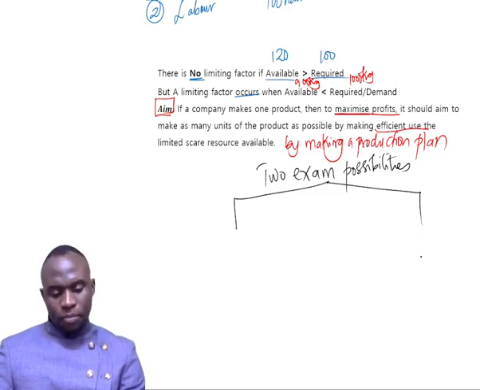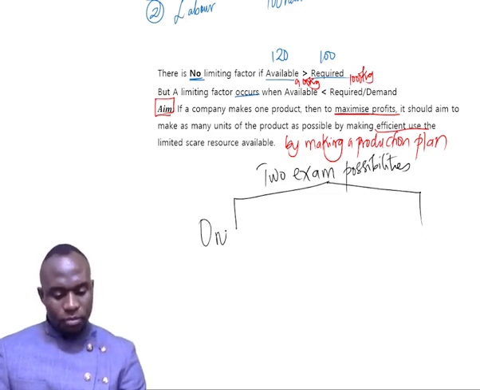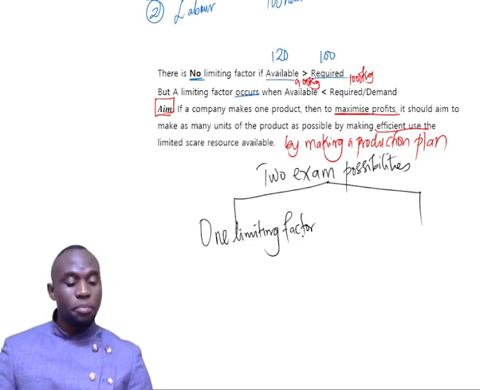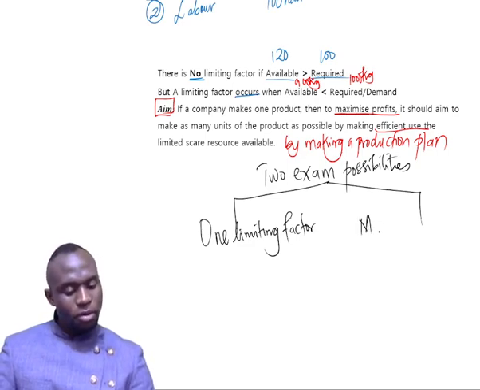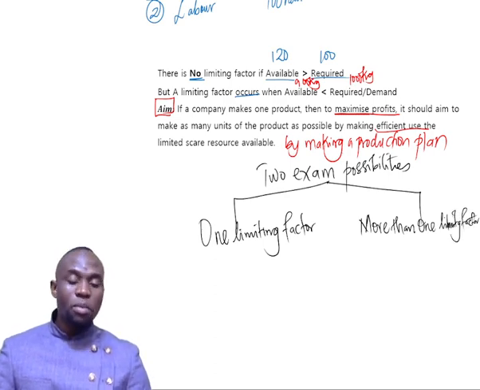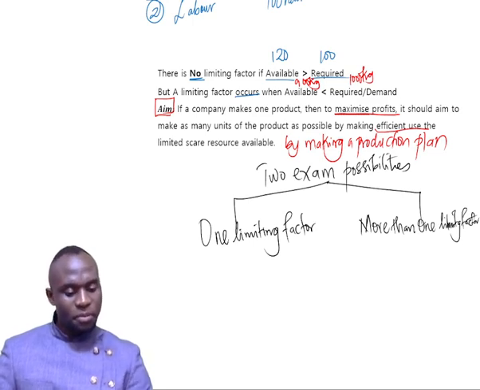It can be one limiting factor, or it can be more than one limiting factor, or what we call multiple limiting factors.